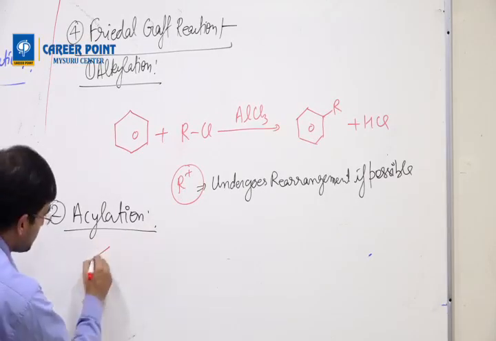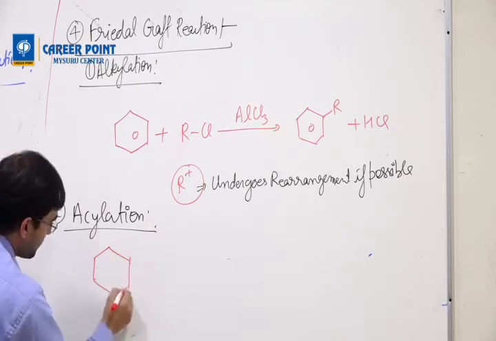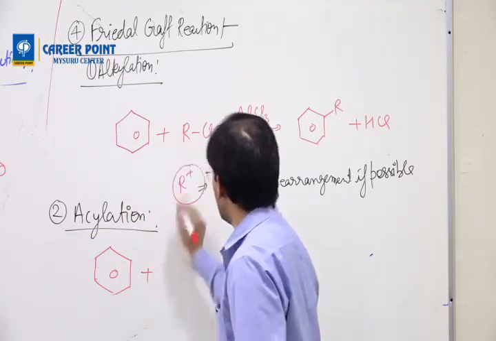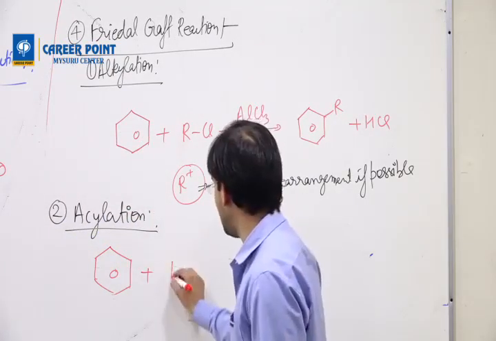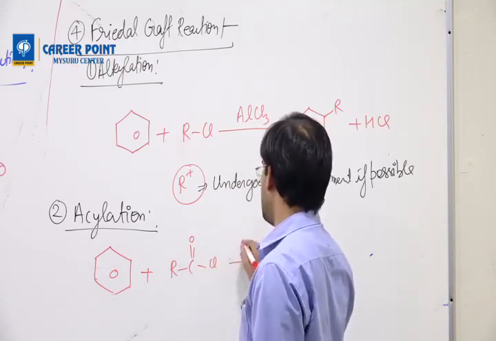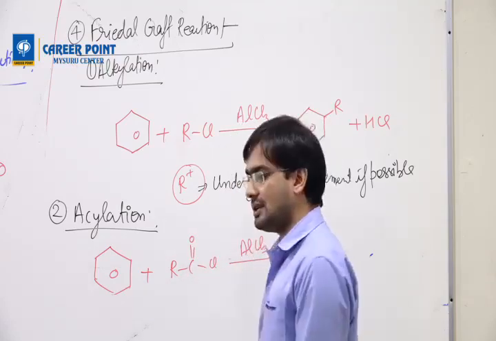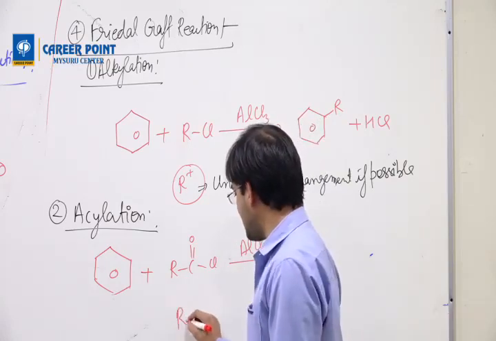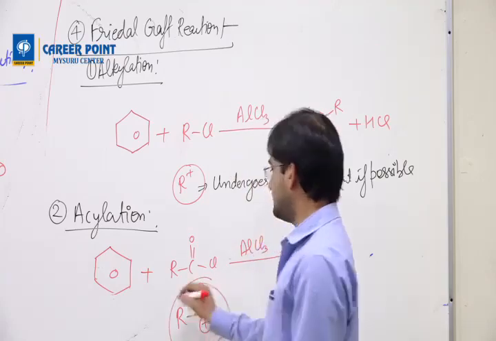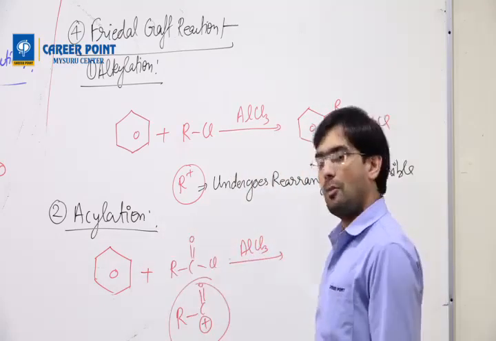Now acylation is what? Benzene. Only one tiny change I'll do. Instead of taking RCl directly, I'll take RCOCl plus AlCl3. The electrophile here is RC double bond O positive charge. This is the electrophile. It will attack on the benzene ring.